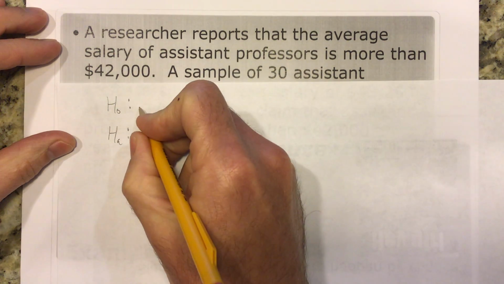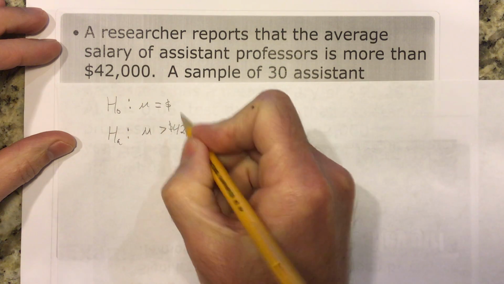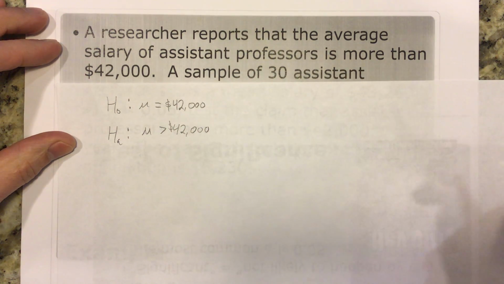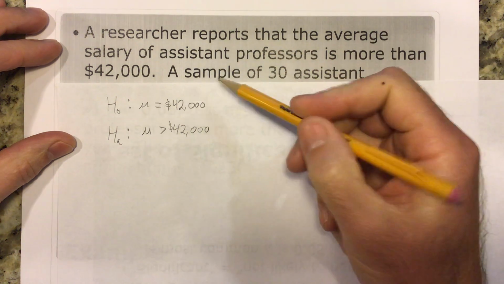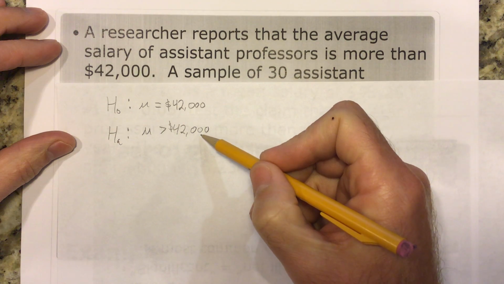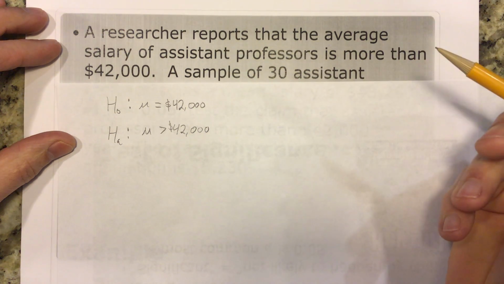The null hypothesis then has to be an equation, an equality, and it has to be the same number. Okay, so this is the argument that occurred. Somebody said, oh yeah, the mean is 42,000, and then some other researcher said, no, the mean is more than 42,000. There's the argument, the null and alternative hypothesis.